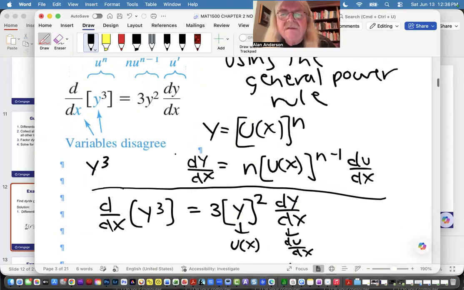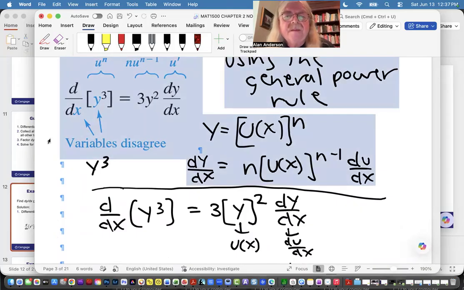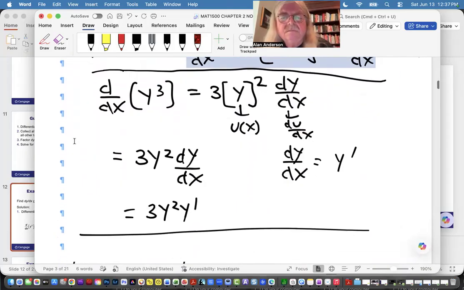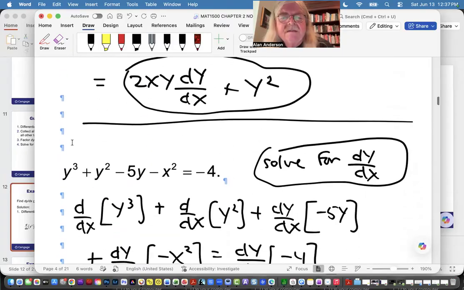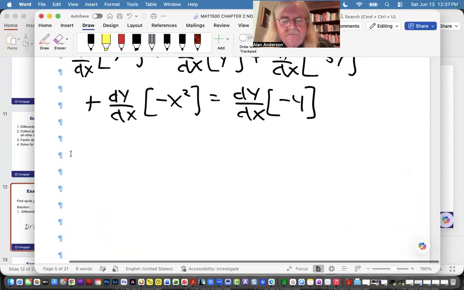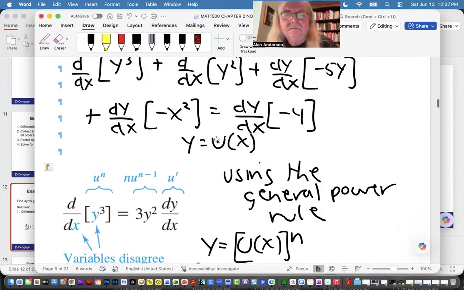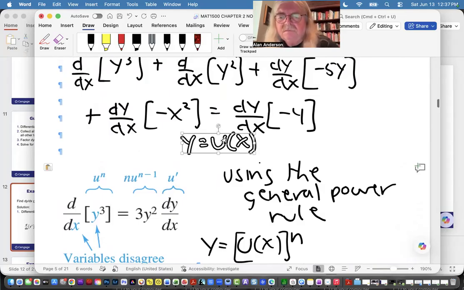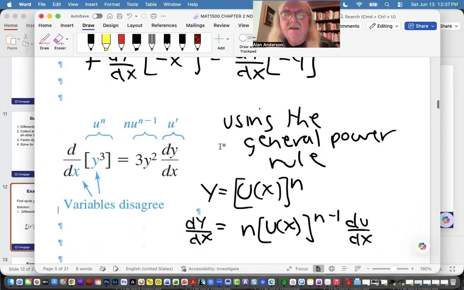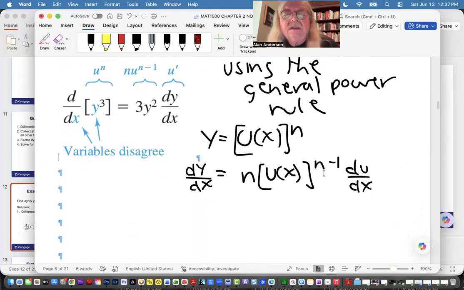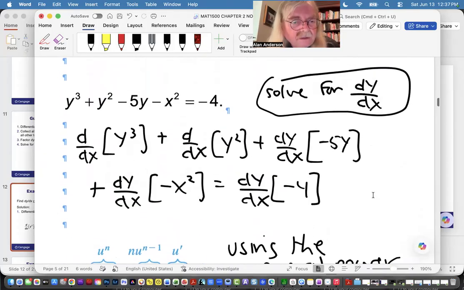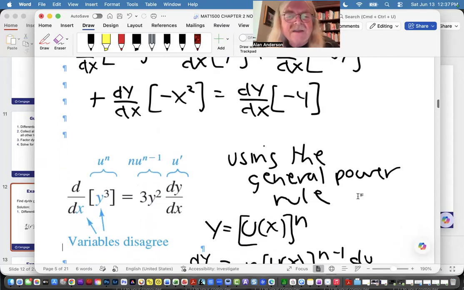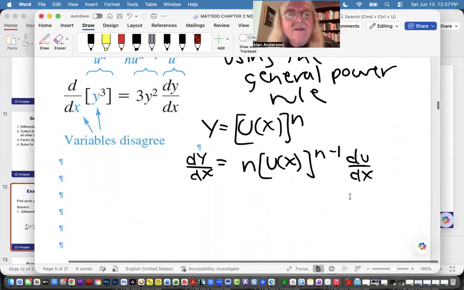Let's copy all of this just to see how they compare. Okay, so here we have, as a matter of fact, well, that worked out nicely. It's y cubed again. So they're reminding us how that works.